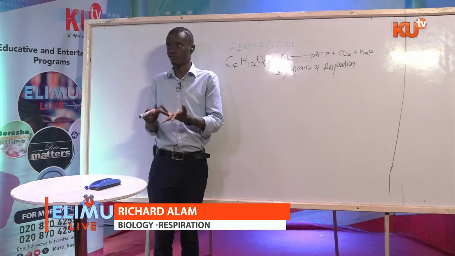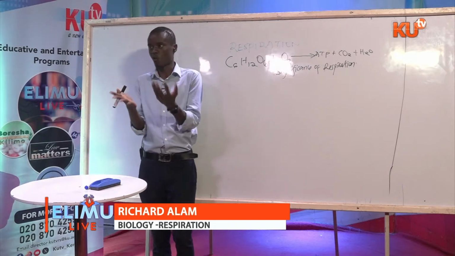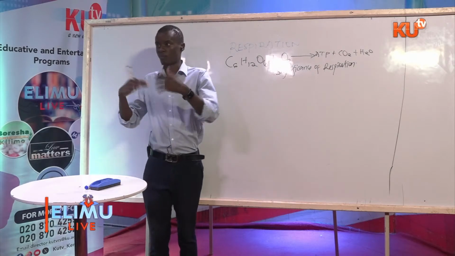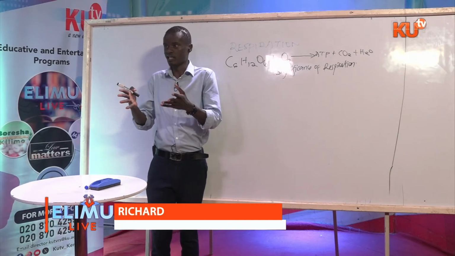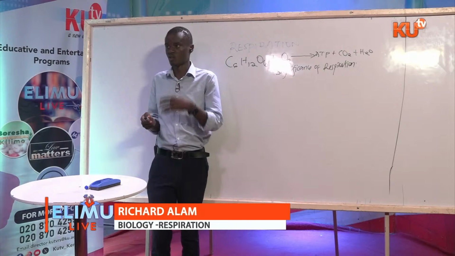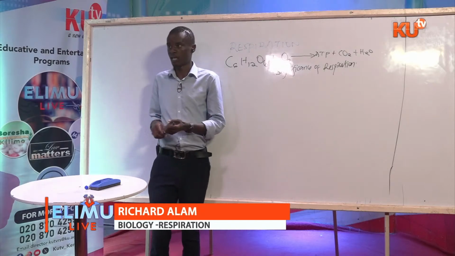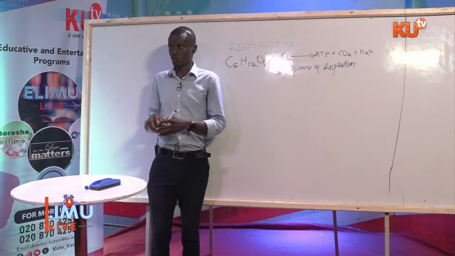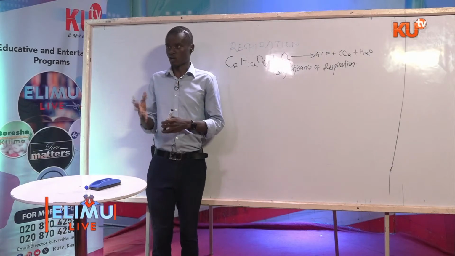For example, kidney cells require more energy. Sperm cells require more energy for propulsion towards the ovum. And the skeletal muscle in the human body also requires more energy.